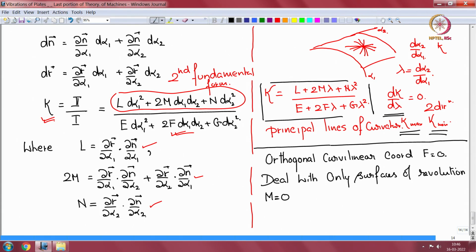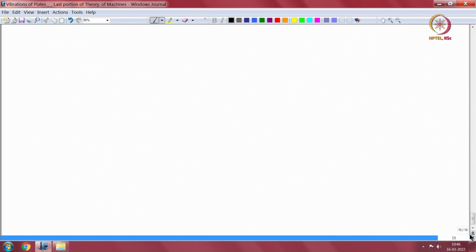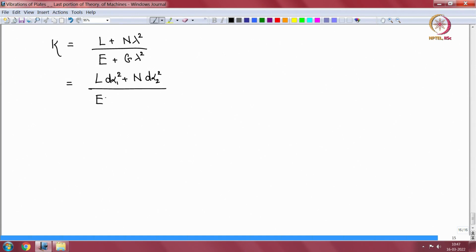So that my fundamental form ratio, the curvature, will acquire L plus N lambda square by E plus G lambda square, or L d alpha 1 square plus N d alpha 2 square by E d alpha 1 square plus G d alpha 2 square.